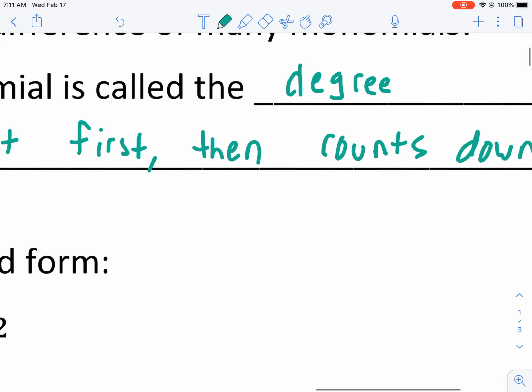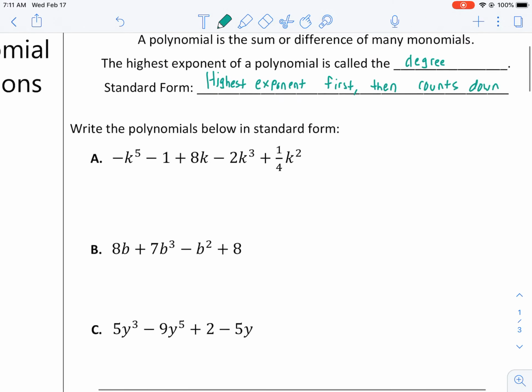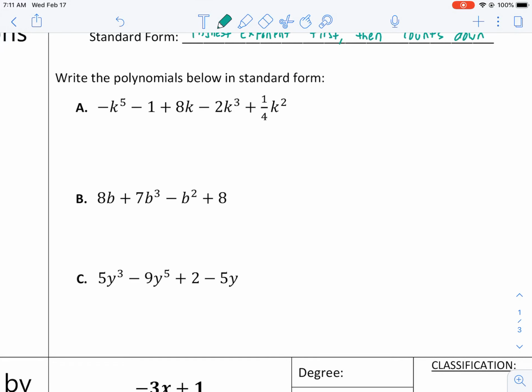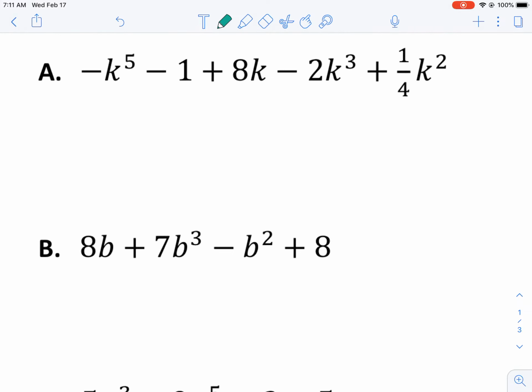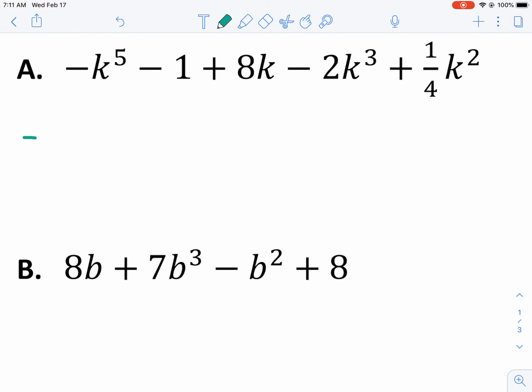What they want us to do for these ones is write them in standard form. For any polynomial in standard form, you just find the highest exponent, so 5.